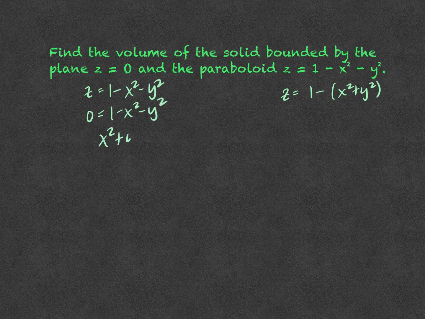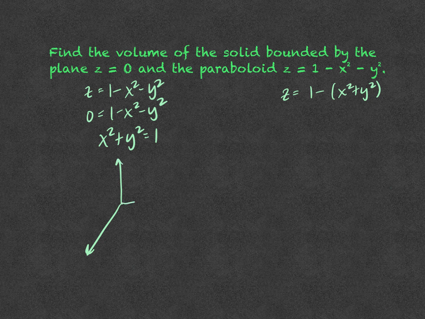So x squared plus y squared equals 1. So we know that the paraboloid intersects the plane in a circle. So the solid that lies under the paraboloid and above the circle, it's kind of a dome. So it's a really pretty picture.